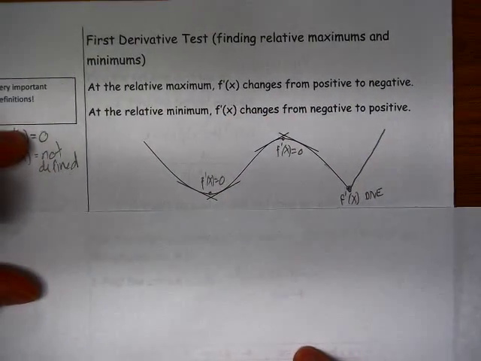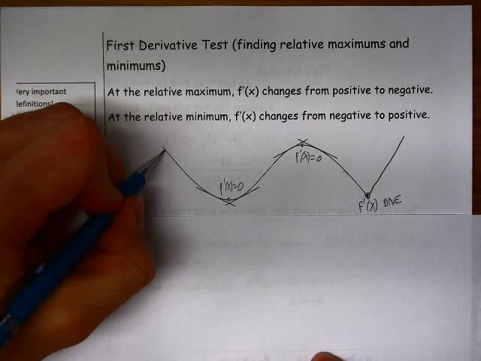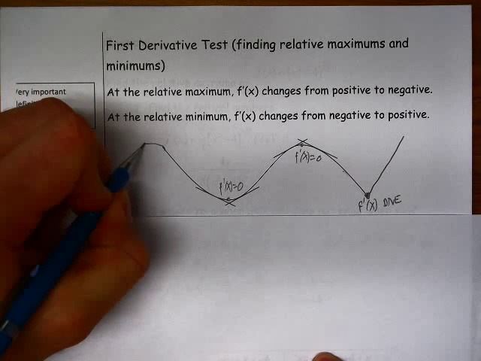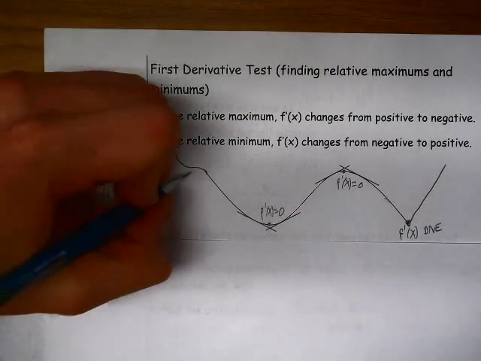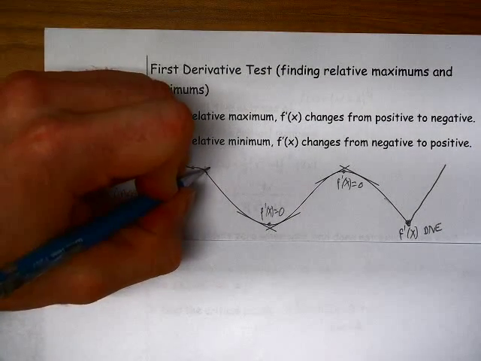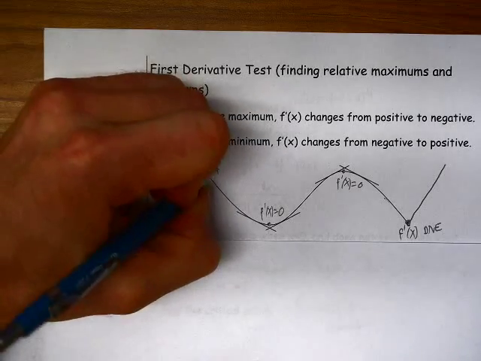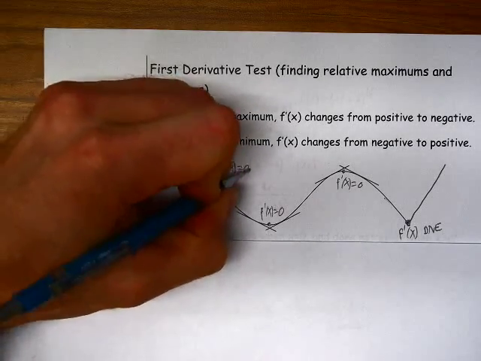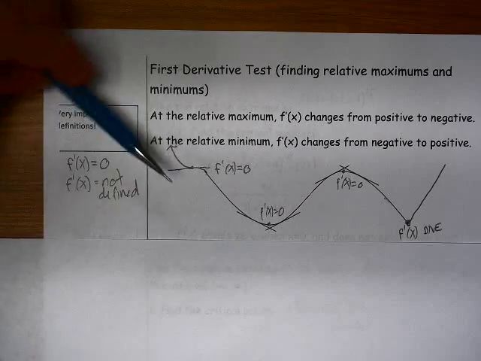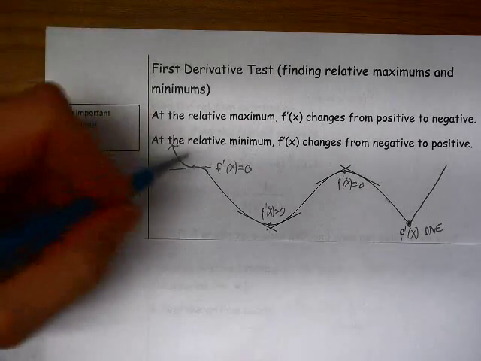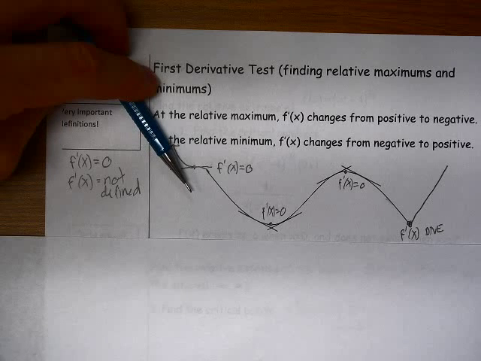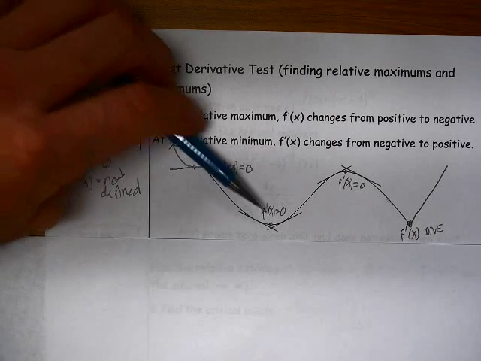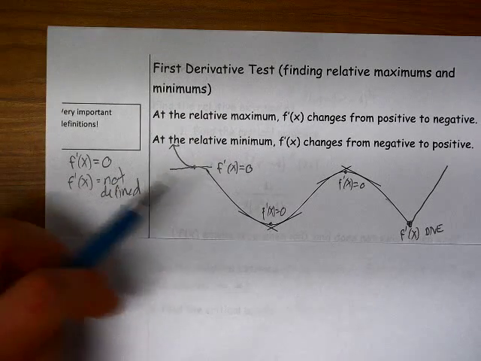Right? But we could also have a situation like this, where we have a horizontal tangent line here, and yet to the left of that critical number we have a negative derivative, and to the right we also have a negative derivative.